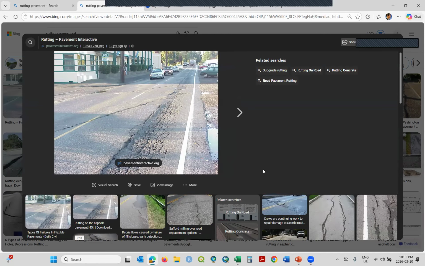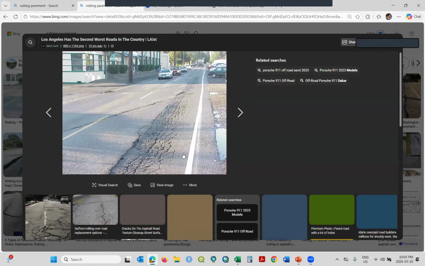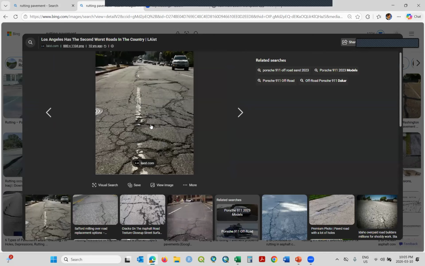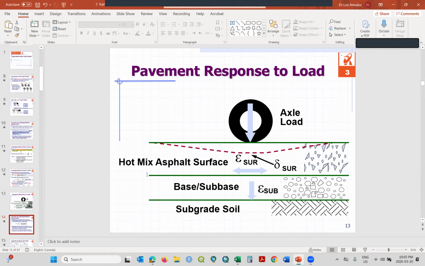And then, of course, this is rutting combined with cracking, because when you get damage with one of them, the other one will also appear. This one will be cracking. So you don't really see the deformation from the wheel path, but you see the pavement all broken because of the cracks. Okay?